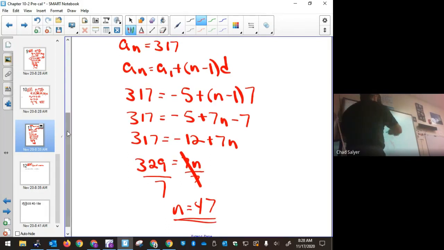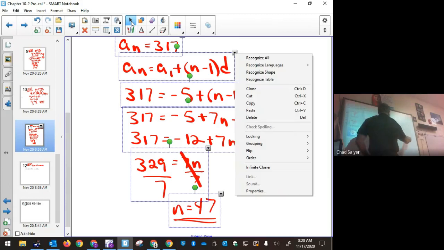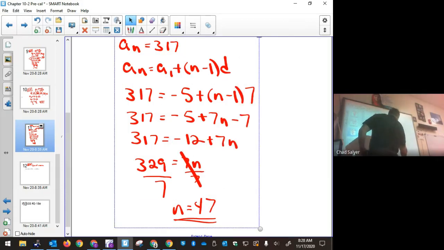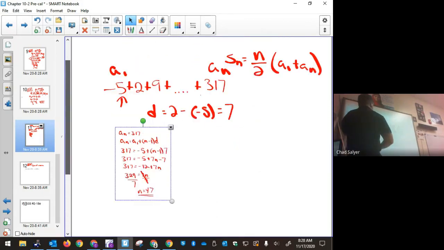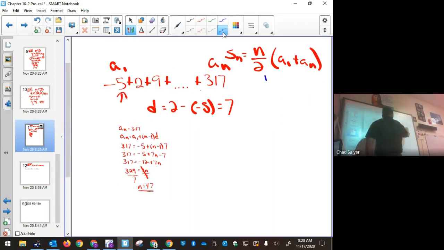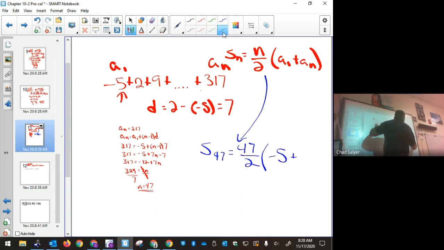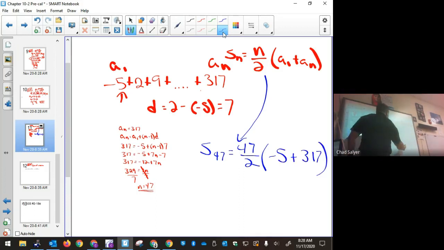Once we get to here, we can go back to our sum formula, because all we needed was the n to plug into it. So S sub 47 is 47 over 2 times negative 5 plus 317. This doesn't have to be an integer.